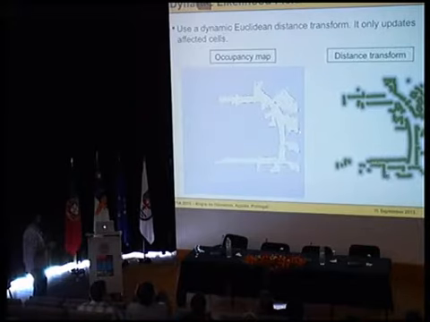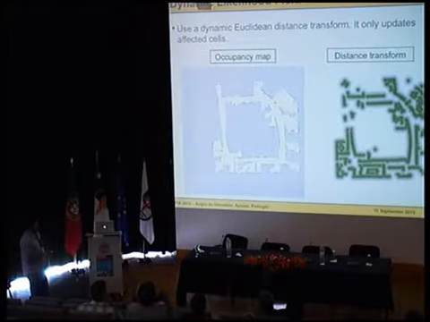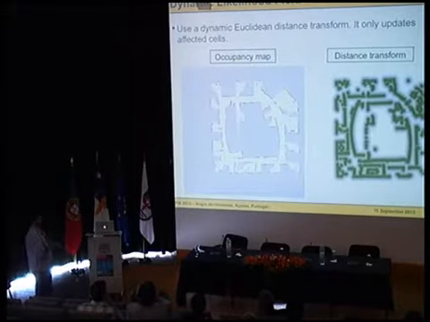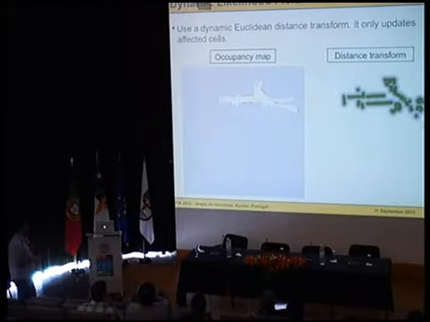As you can see here in this video, as the occupancy map is being built, we are also building a distance transform map. In the end, it only has small changes. As the map is being built, the time to calculate the distance transform also decreases, which is a nice thing.